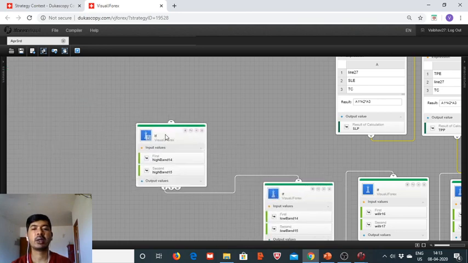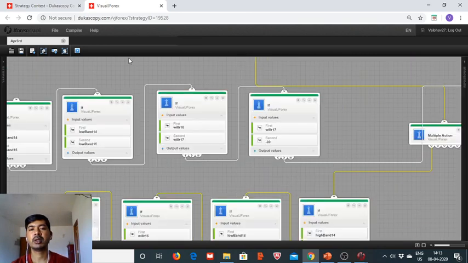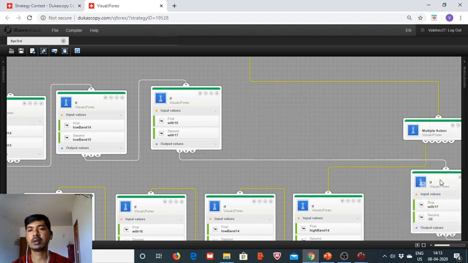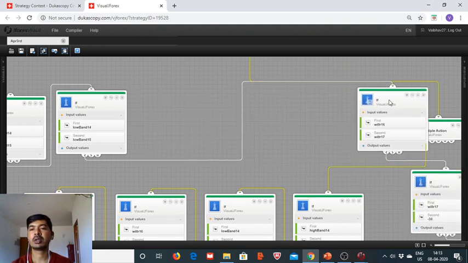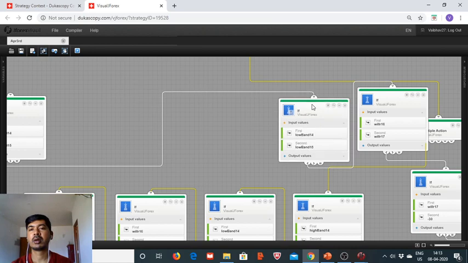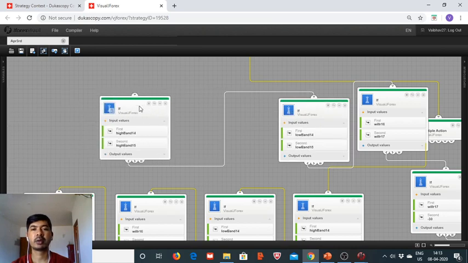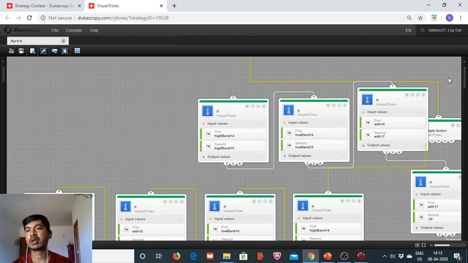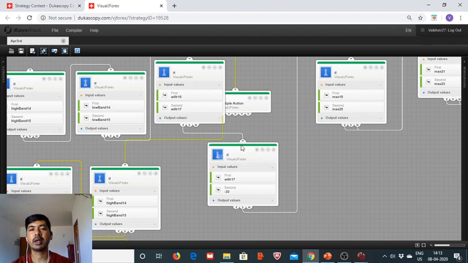First we arrange this and then we do some calculations which are going to be essential for efficient execution of our trade.